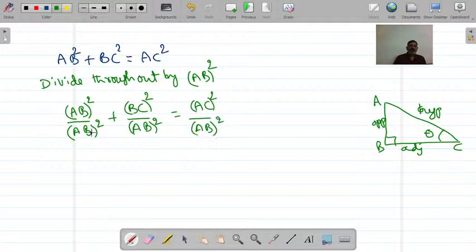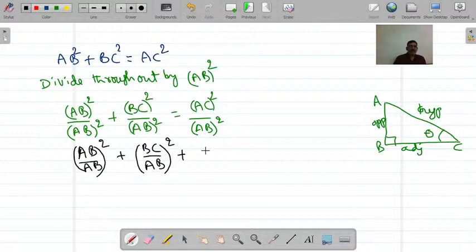Now here we can write it like AB by AB whole square plus BC by AB whole square is equal to, right? Just observe, this is AC by AB whole square.